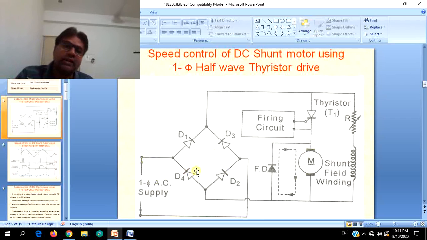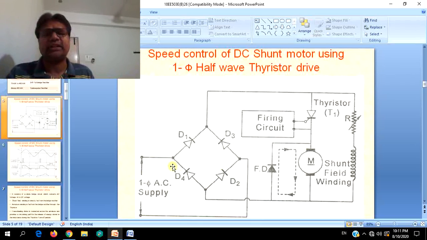Let us come back again to the source side. This is a bridge rectifier. During the positive half cycle, when the topmost point is positive, voltage is fed to the armature as well as the field via D1.